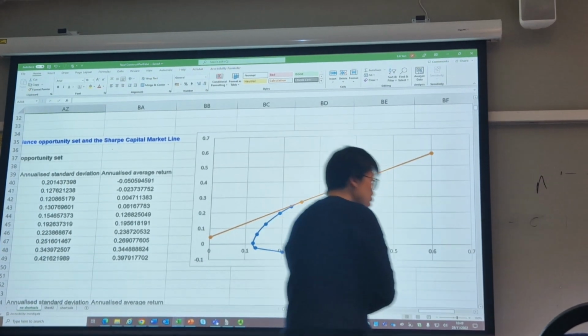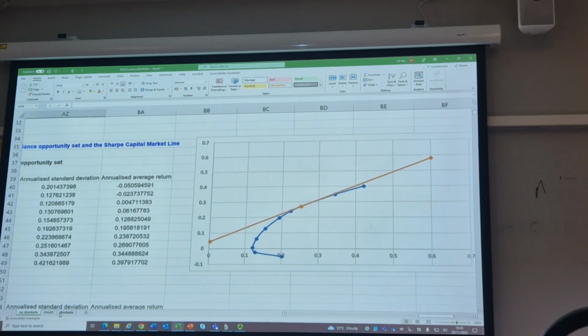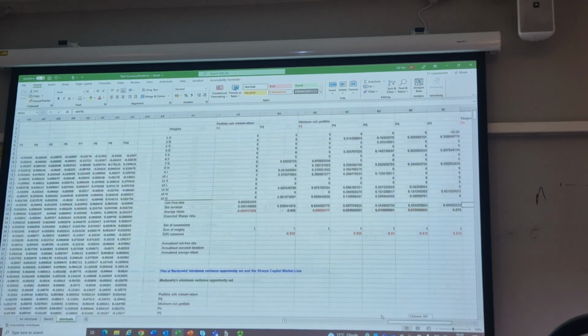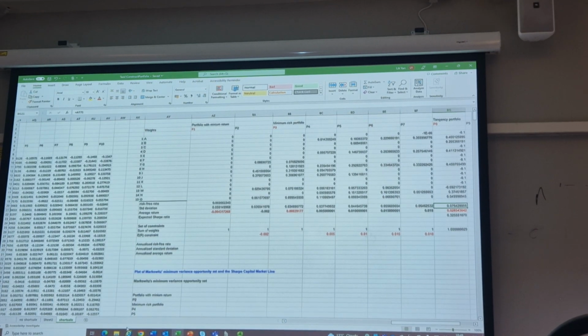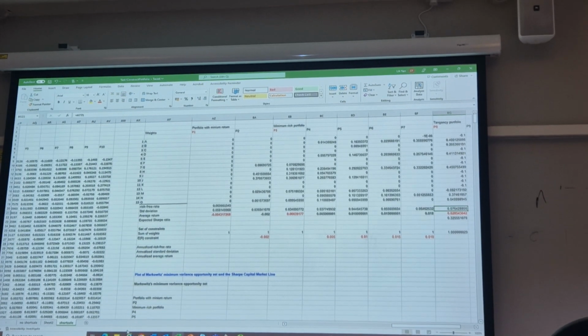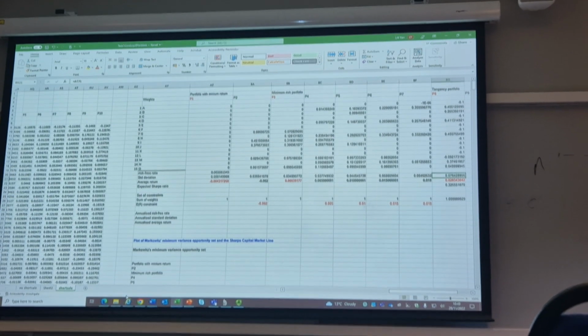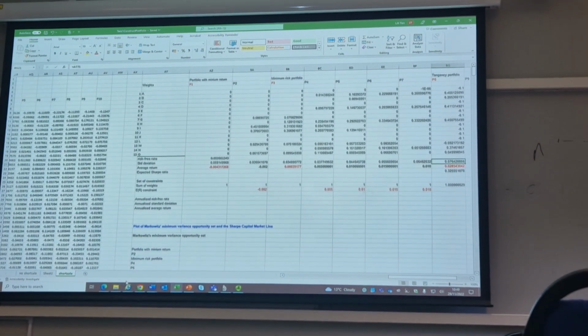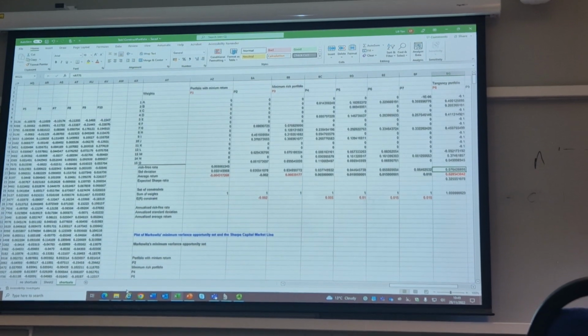Now let's talk a little bit about when short sales are allowed. Basically the process is the same. We need to get a separate spreadsheet, because the weights of these stocks could be different. Short sales are allowed, which means the weight of some stocks could be negative.